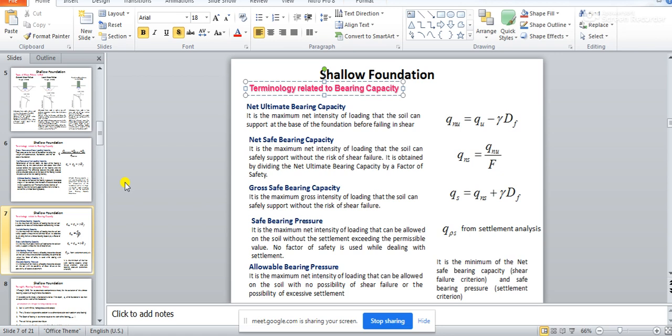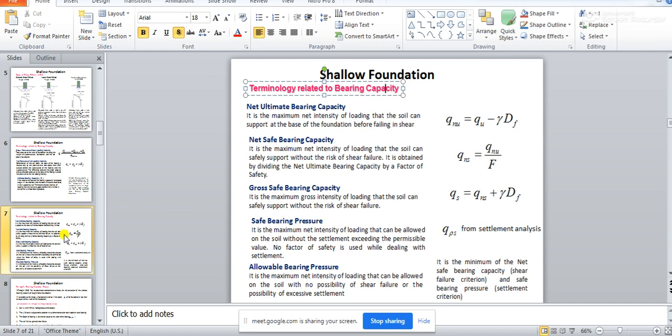Now, if you subtract that amount, obviously you see the carrying capacity of the foundation. Ideally you can design it with the ultimate bearing capacity, but no, we are not going to design it considering the ultimate bearing capacity.